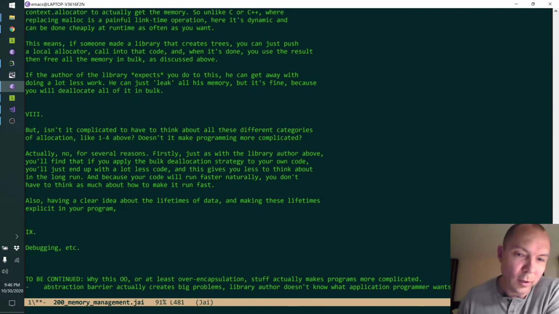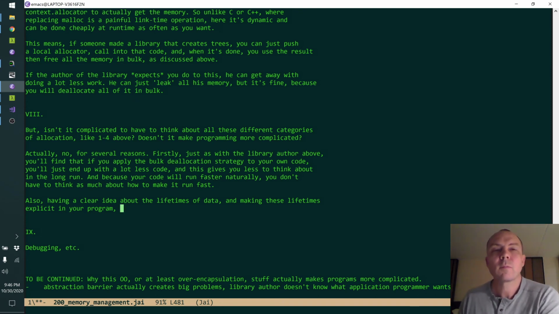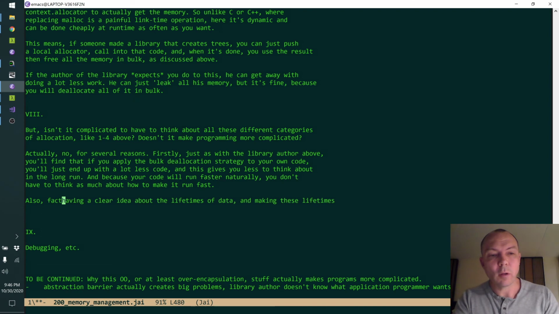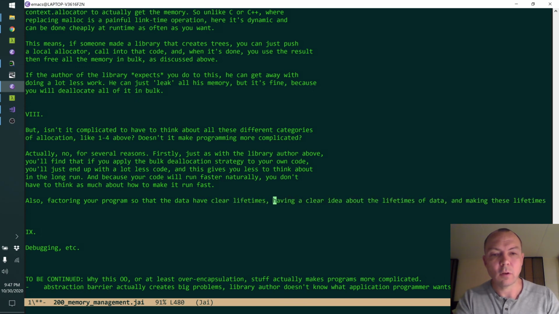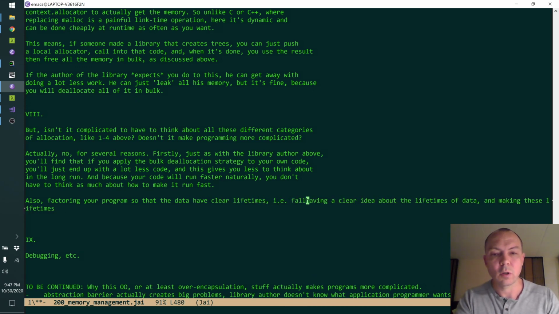It's not even about making them explicit, it's about factoring your program so that the data have clear lifetimes, i.e. fall into categories 1 to 3 instead of 4.